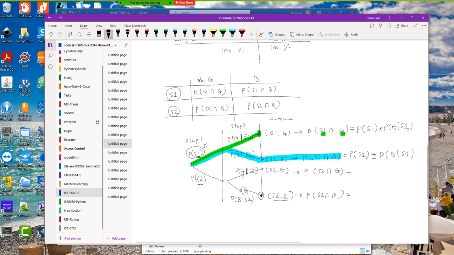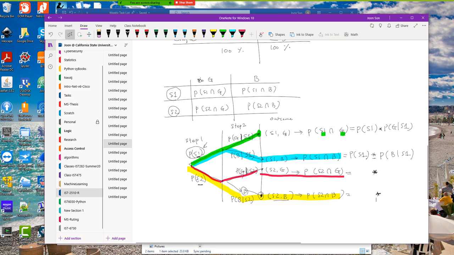So you can find this probability, and then you can find this probability. And the last one, you can find this probability too. It's just multiplications. So any question?